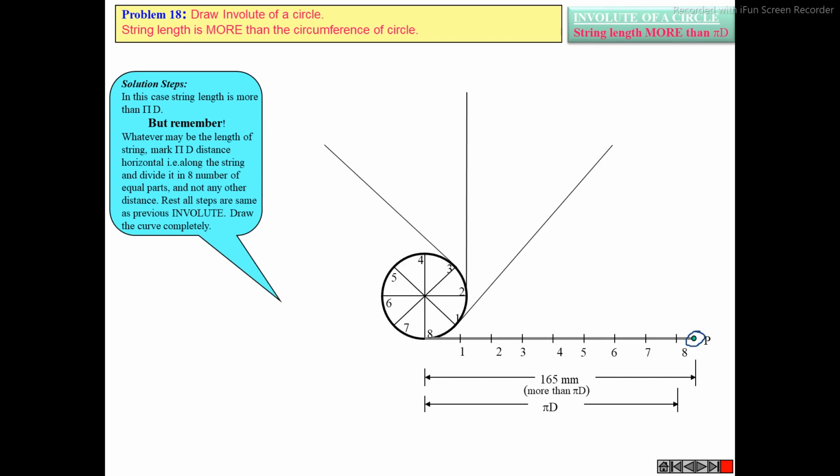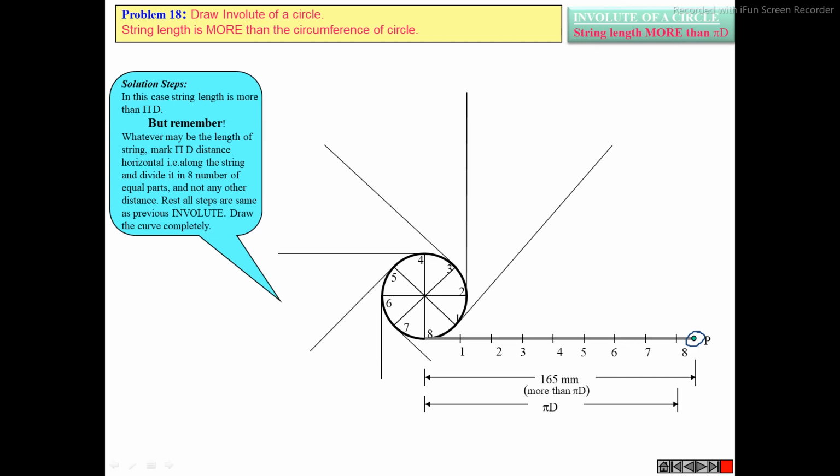You don't know the length of the tangent line, just draw an infinitely long tangent line from point 4, from point 5, point 6, point 7, from point 8. No need to draw for P, already we have drawn the initial tangent line, correct?